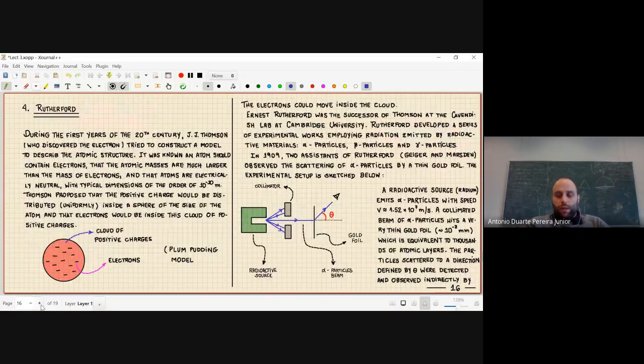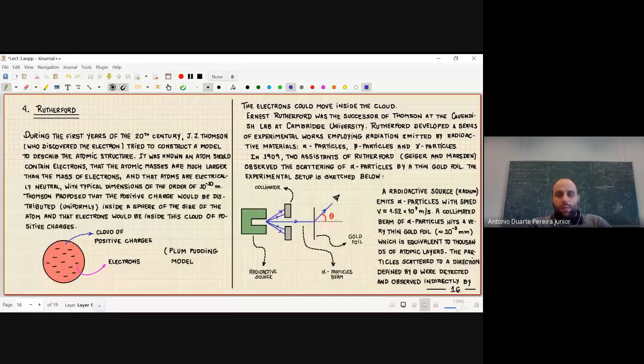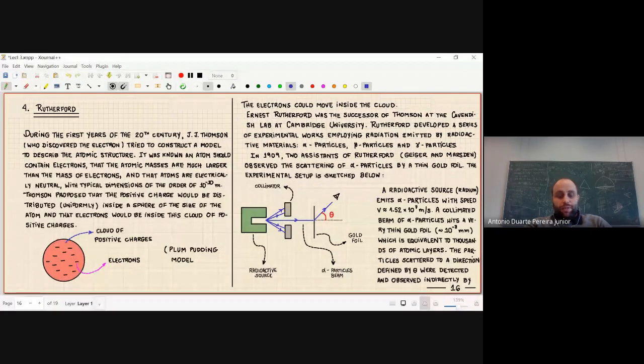Okay, so now we have to discuss another topic, but I don't want to rush, so I don't want to do that in 4 minutes. But essentially, this is a very important discovery made by Rutherford, which was the following.